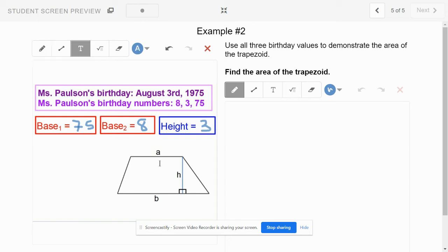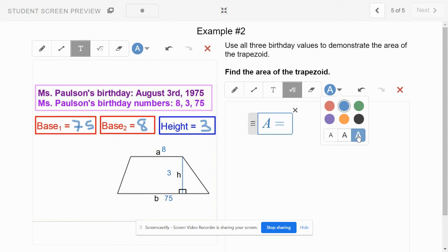So let me label where all that information is. So the height is 3, one base is 8, and another base is 75. Okay. So I've labeled my diagram. I'm now going to go type my equation. Area equals, oops, and I forgot, I want a large size.